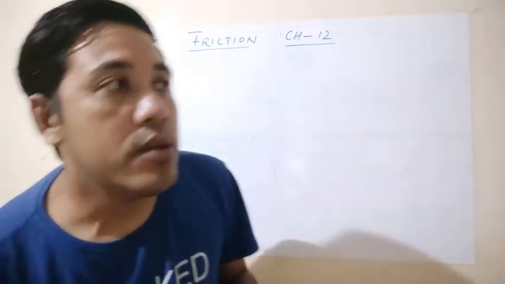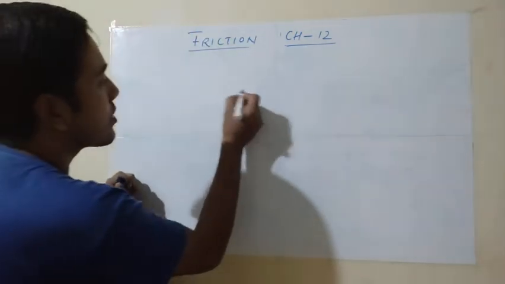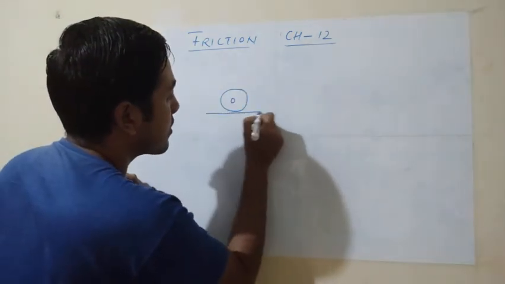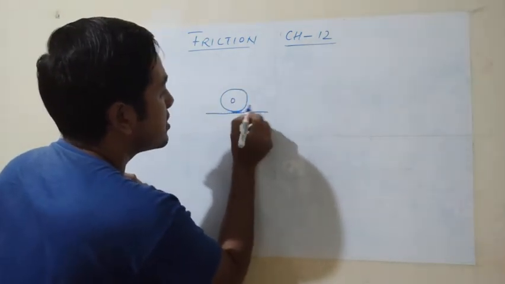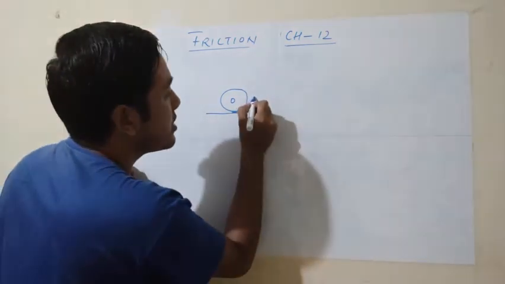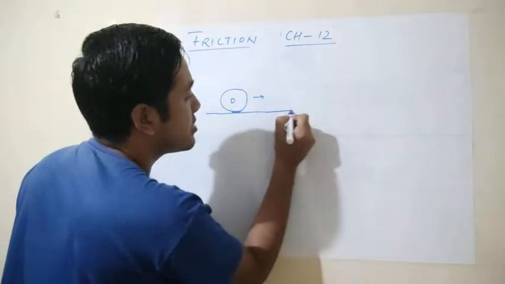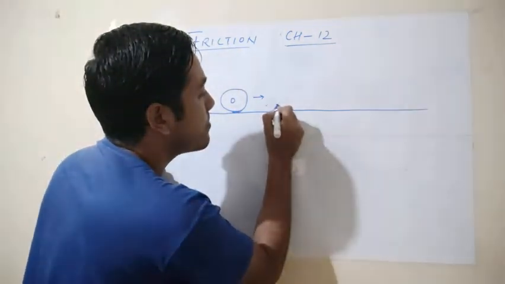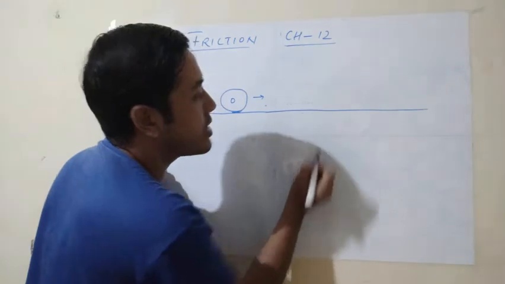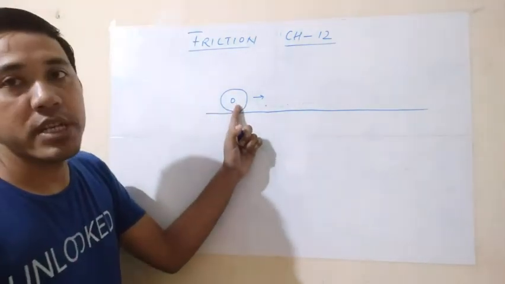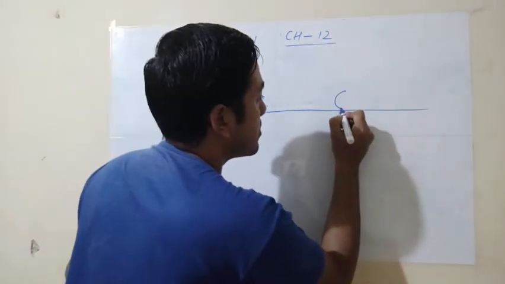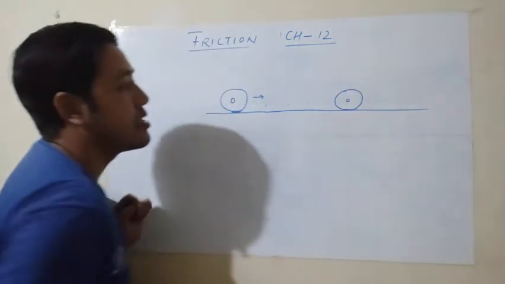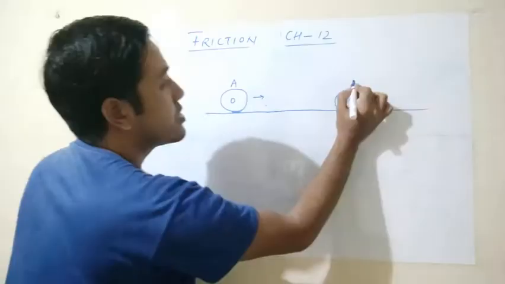Say this is an object, a ball, and it starts moving in this direction. After covering some distance, this ball A will stop.